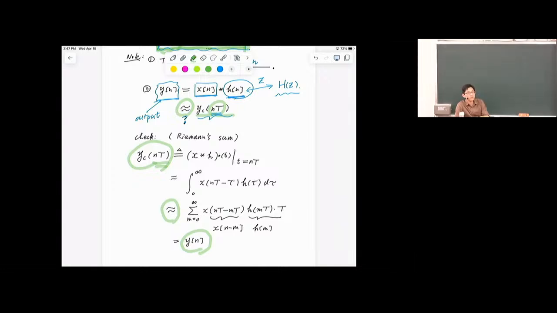In the next few lines, I'm going to use the Riemann sum concept to convince you, to argue that the approximation really is a good one.